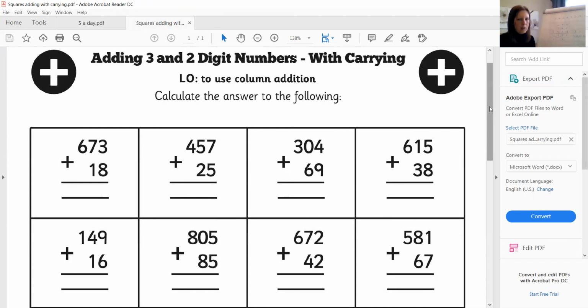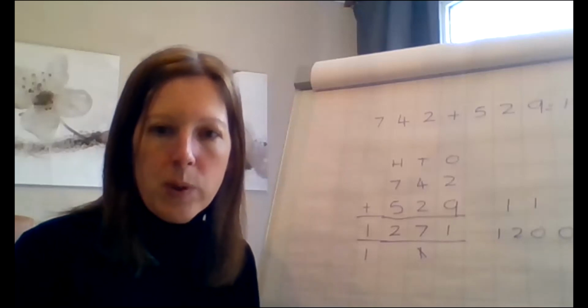So this is one of those moments where you're going to do the sum, but you're going to set it out in your book on the squared paper and make sure everything is lined up. And it's just good practice to get into that habit of doing it. Okay, so if you can today, please try and write the sums out onto squared paper into your books. And then you'll get your answers written down.